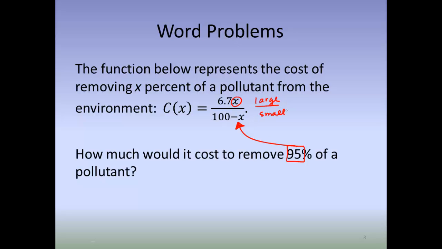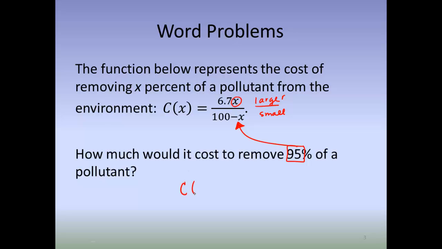I'm taking an even larger number on the top because I am multiplying 6.7 times 95, and dividing by a much smaller number. So should my cost go up or go down? Well, a larger number divided by an even smaller number is going to give me a higher cost.